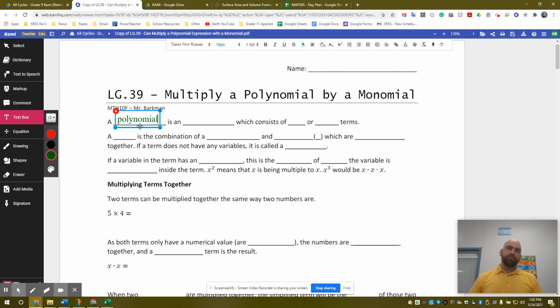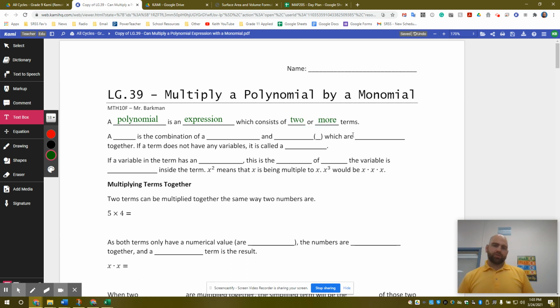A polynomial is an expression which consists of two or more terms. So it's an expression that consists of two or more terms. What is a term? Well, let's go over what a term is.